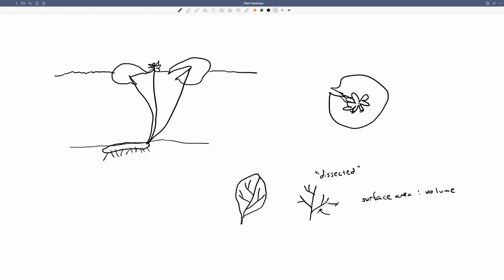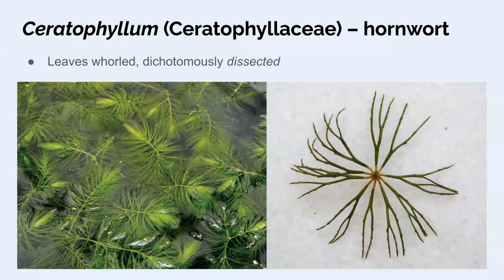This maximizes that interaction with the water, and it's typically a feature you find in these underwater plants. So the fact that these are whorled and dichotomously dissected is very distinctive of this group. Hard to misplace this one if you know what you're looking for.